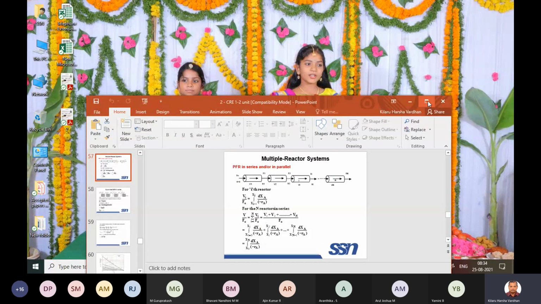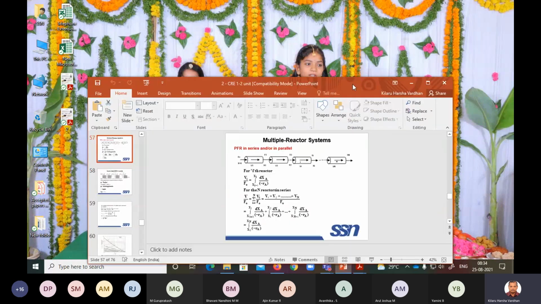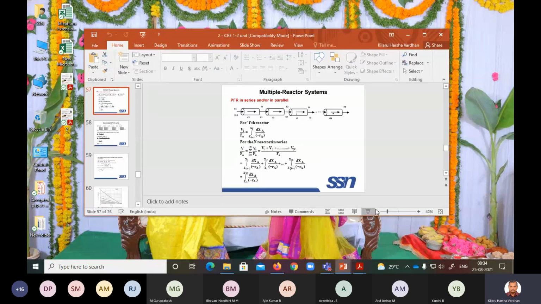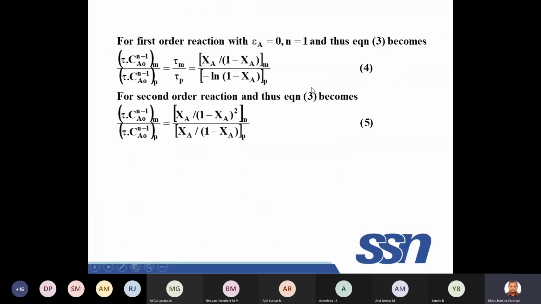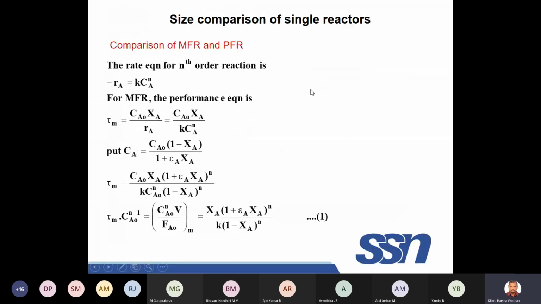Before we go to today's session, I'll give a brief introduction about what we did previously. We are comparing the size of reactors, MFR and PFR, for nth order reactions, including first and second order. As the order changes, how does the comparison change?